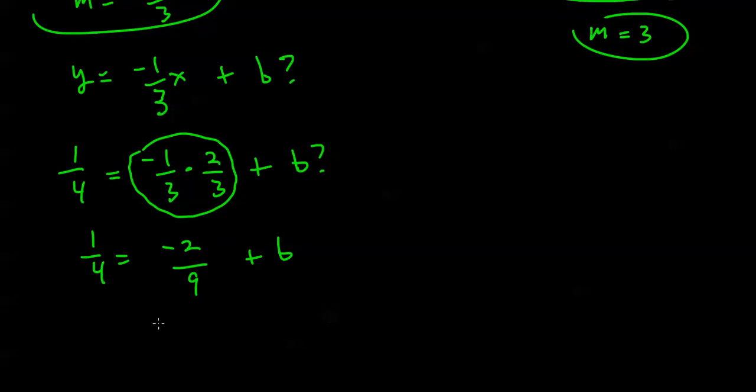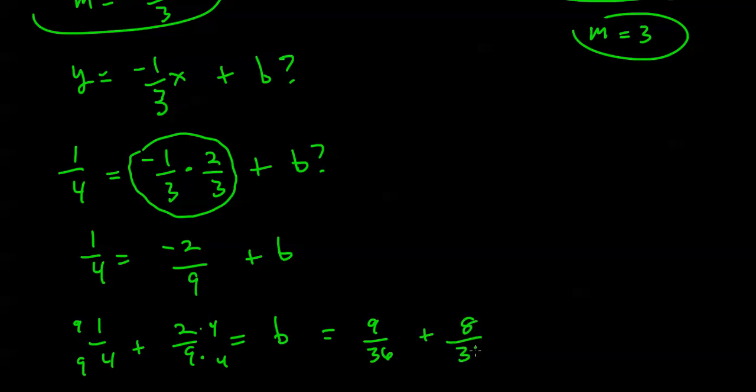I'll then add 2/9 to both sides to solve for b. Well, I'll need a common denominator. The least common multiple of 9 and 4, I think, is 36. So I'm going to have to multiply top and bottom here by 9. I get 9/36. And here I'm going to have to multiply top and bottom, of course, by 4, and I'll get 8/36 equivalently.